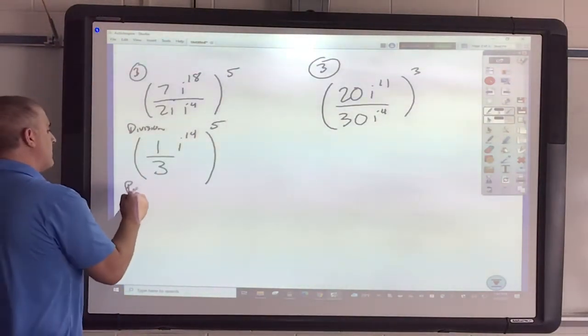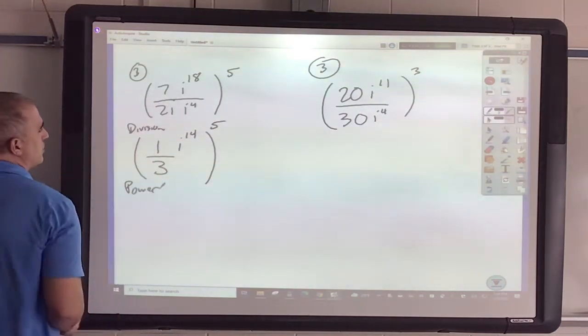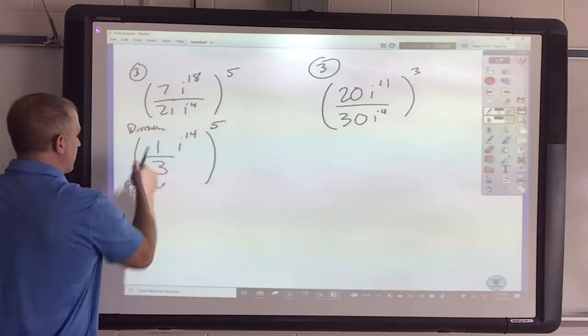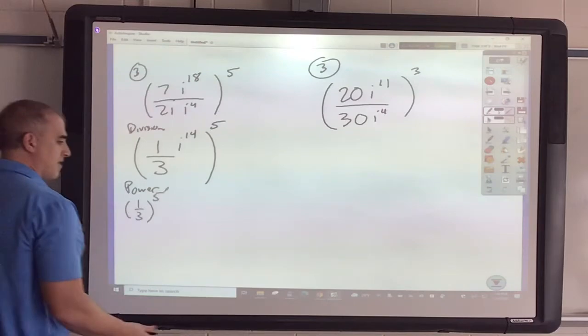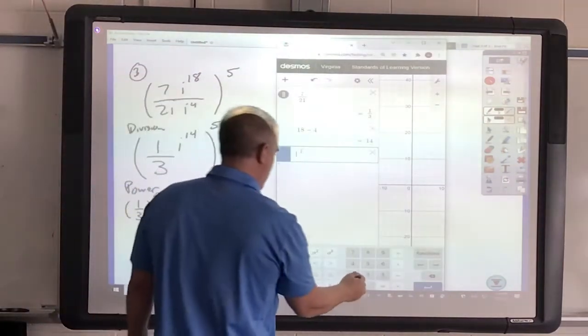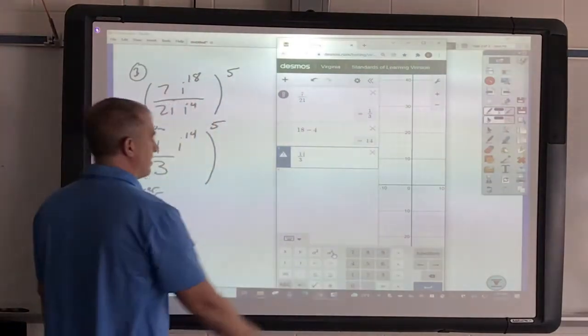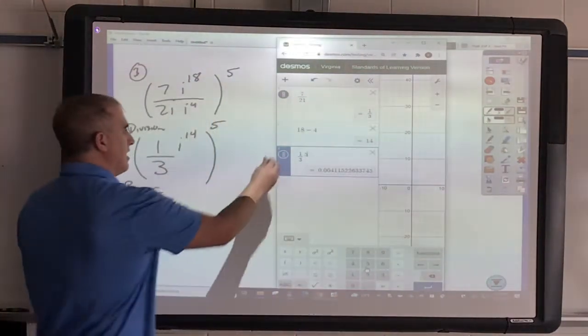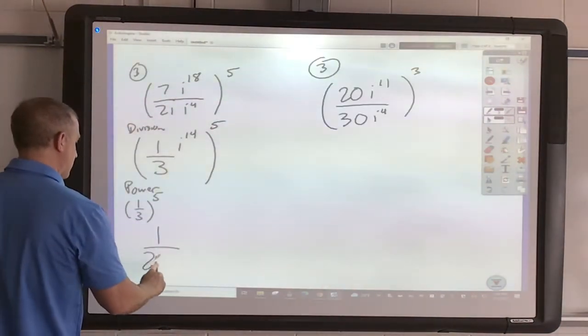Now, at this point, I'm going to use the power rule. I can do this one of two ways. I can take 1/3 and make it an exponent of 5. So watch, I could do 1 divided by 3, click over here, and do an exponent of 5, and I can get that as 1 over 243.